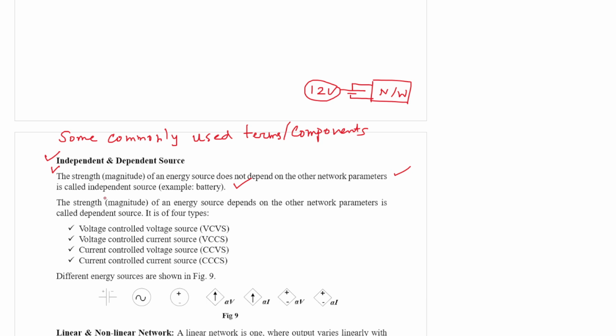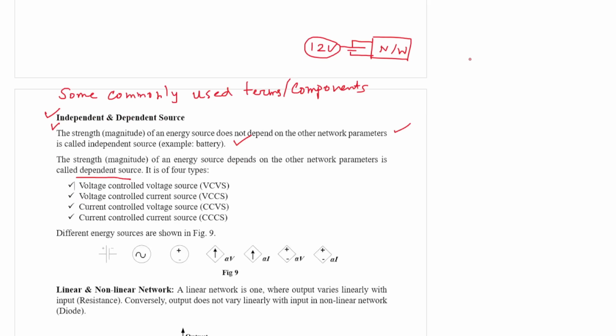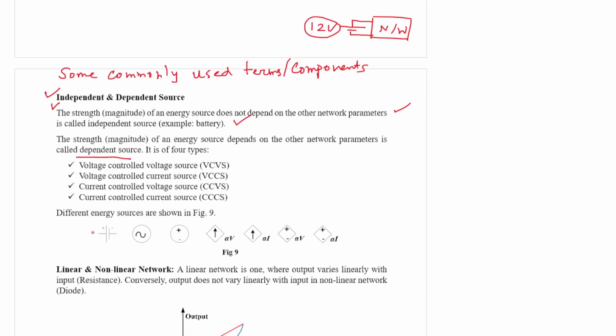However, in case of a source, if it is dependent on some other parameters, it is called a dependent source. It is of four types. First one is VCVS, voltage control voltage source. So it is a voltage source dependent on some voltage. Second one is voltage control current source. So it is a current source.